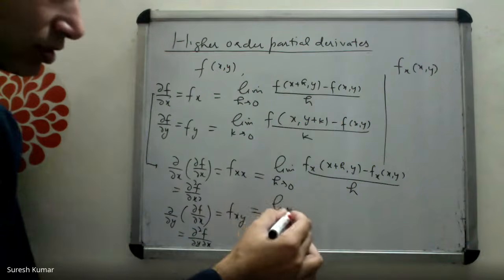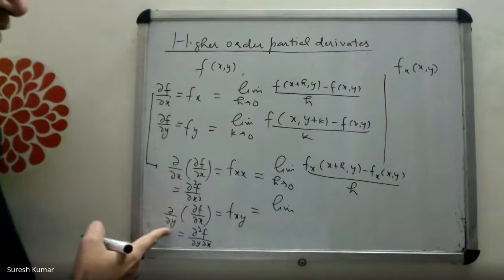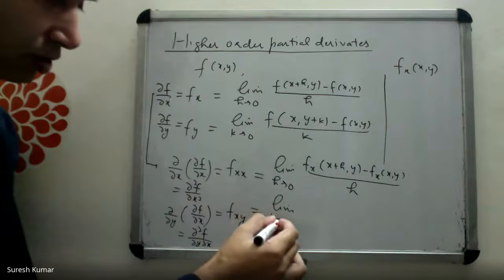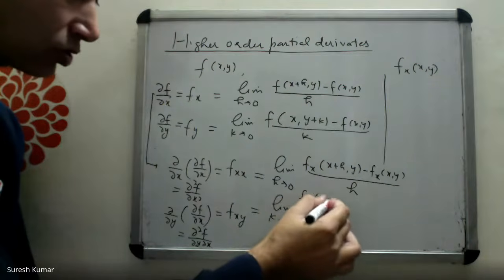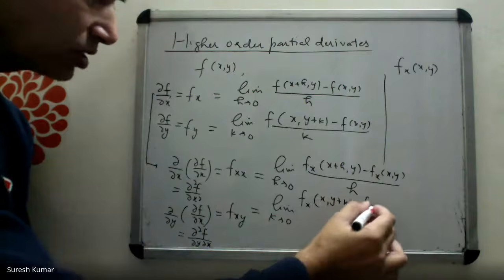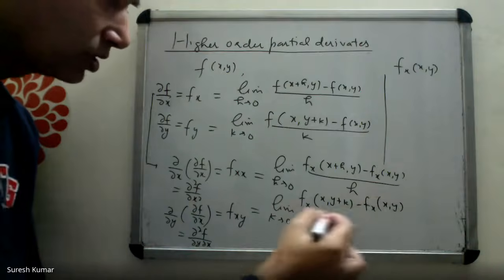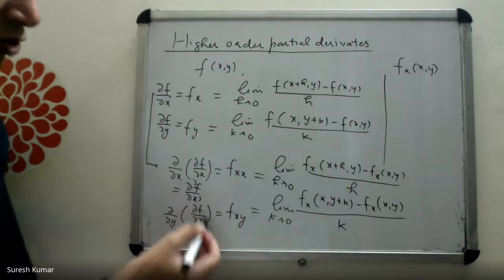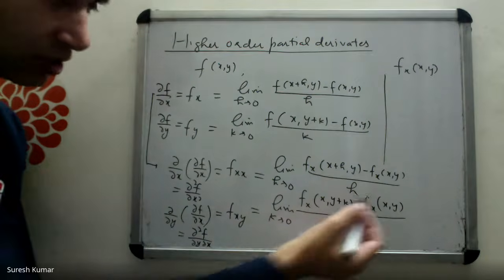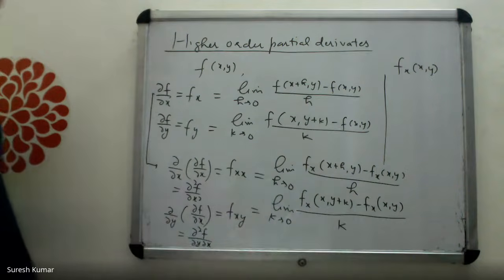In the limit, what happens? f has gone to f_x, but now you are differentiating partially with respect to y, so use this one. The increment in y, not in x. So f_x(x, y+k) minus f_x(x,y) divided by k. f has gone to f_x. You understand this, both places. But now the partial derivative is with respect to y. So I've taken an increment in y. So you understand how the limit definition is changing.